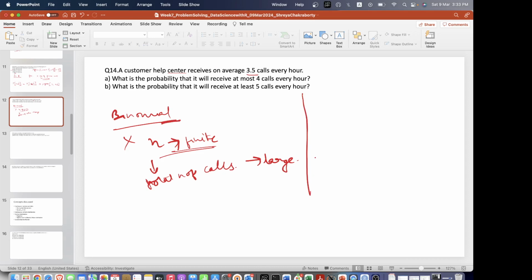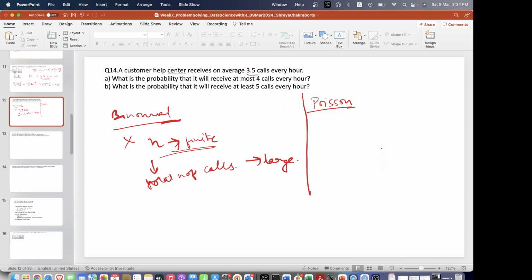The next thing is Poisson. Does a Poisson distribution fit well? Yes, a Poisson can fit well because this receives an average of 3.5 calls every hour. If I assume it could also follow a binomial distribution, since n is usually large, it can be approximated with the Poisson distribution.